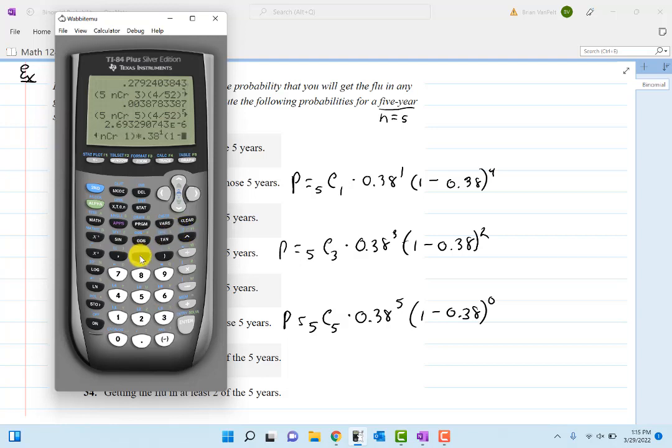Then I'm going to do 1 minus 0.38. Let me finish that parenthesis. And I'm going to raise that to the fourth power. And let's see what we do when I hit enter. Oh, it didn't like something. And as always, you have to be careful on your calculator. Hit the big minus and not the little one. So here I have about 2.2808.